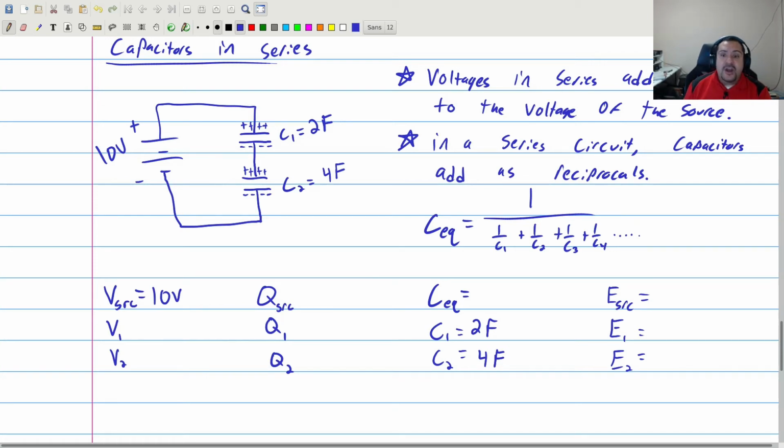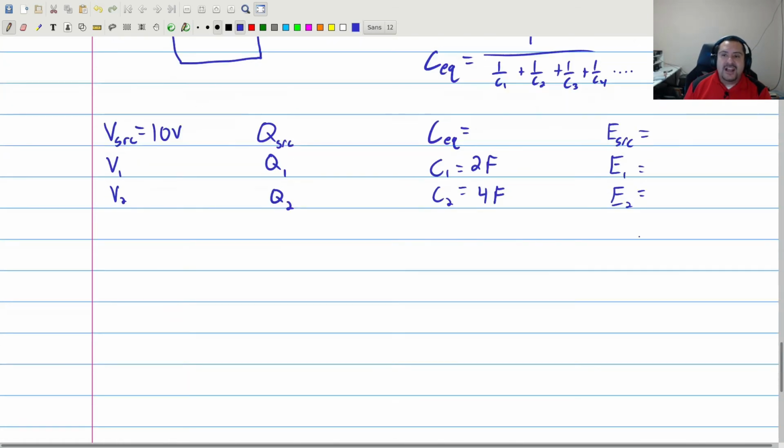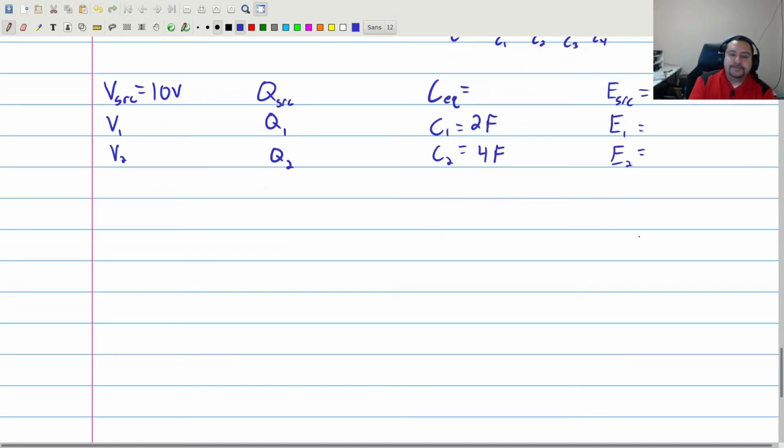So we're going to start off by finding the equivalent capacitance, CEQ. So CEQ is equal to 1 over 2 farads plus 1 over 4 farads, because there's only 2 of them, right? In order to add these together, I need to use a common denominator. Actually, it's not even that hard. It's a half plus a quarter, but I'll show you I'm finding a common denominator first.